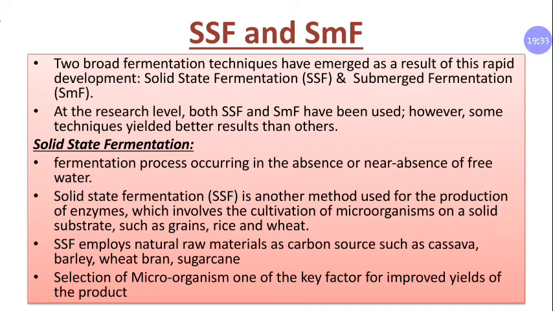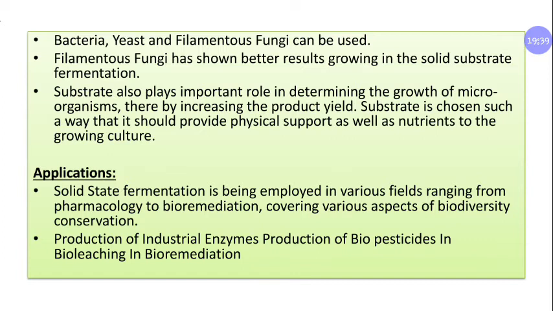Microorganisms are selected as one of the key factors for improved yields of the product. Bacteria, yeast, and filamentous fungi can be used; filamentous fungi show better results. The substrate also plays an important role in determining the growth of microbes, thereby increasing the product yield.